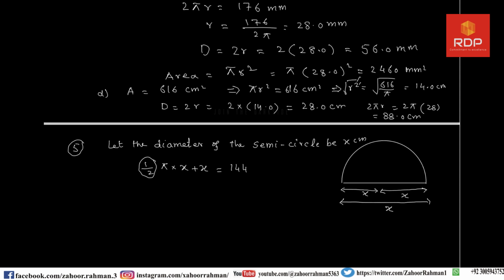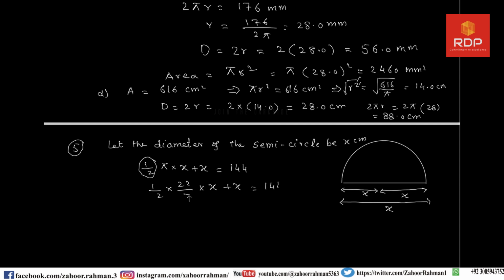So 1 over 2 pi x multiplied by x plus x is equal to, this is the whole length given to us in the question. So we are putting 1 over 2 and they told us that take the value of pi to be 22 over 7, multiplied by x plus x.